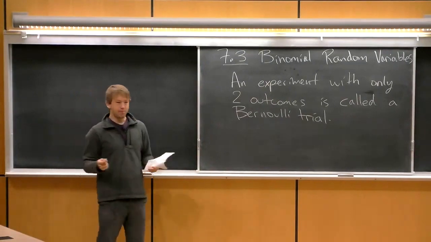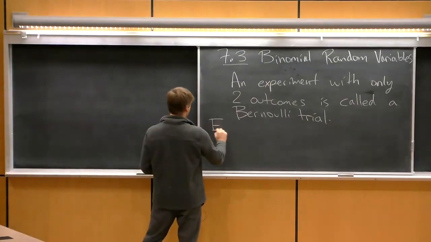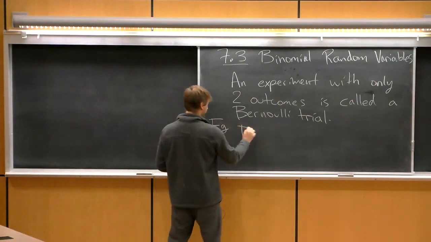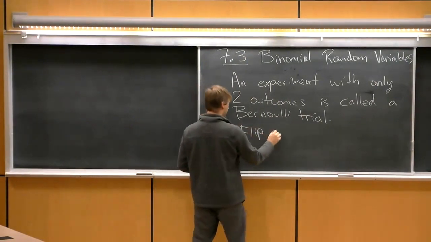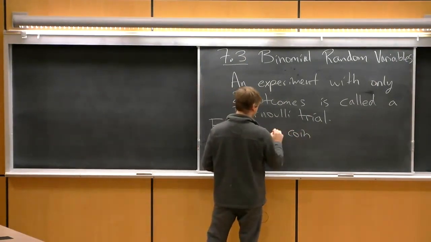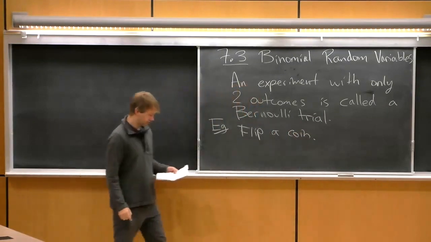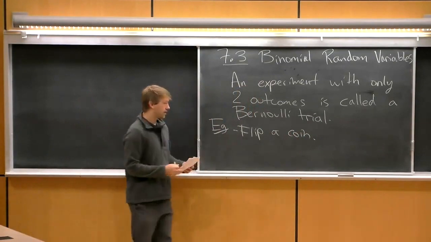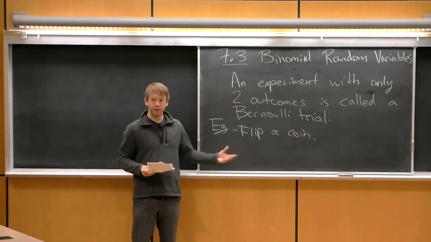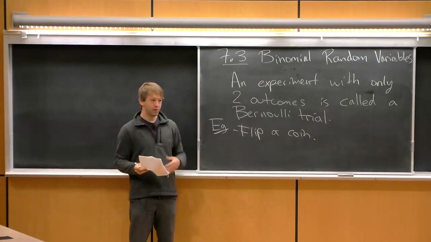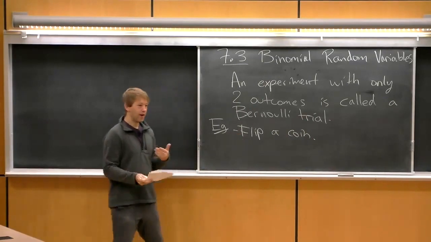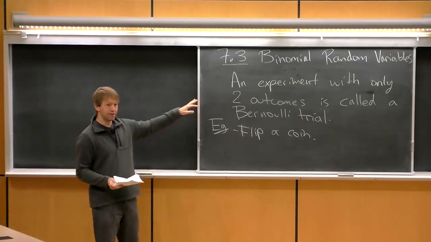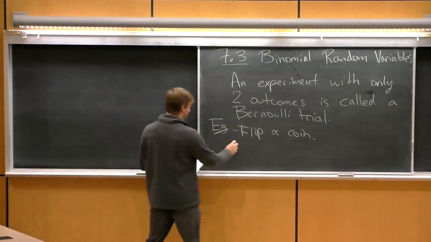Very standard example is a coin flip. So when you flip a coin, you've got two possible outcomes, and in this case, they're both equally likely, but they don't have to be equally likely for a Bernoulli trial, so they could have different probabilities.